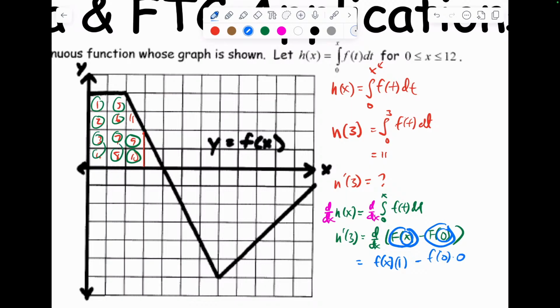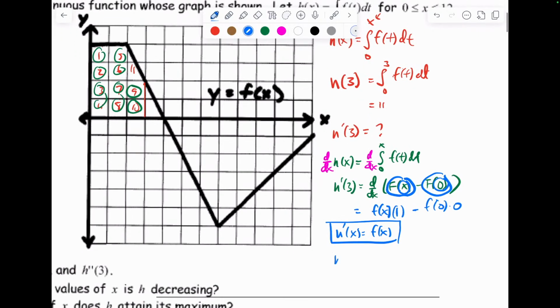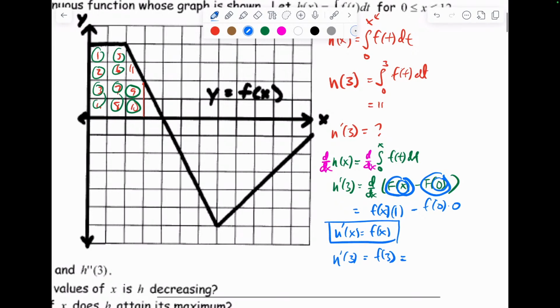What's f of 0 times 0? It's 0, right? So guess what? h prime of x is equal to f of x. We're going to use this for later. So h prime of 3 is equal to f of 3, and f of 3 is equal to 2.